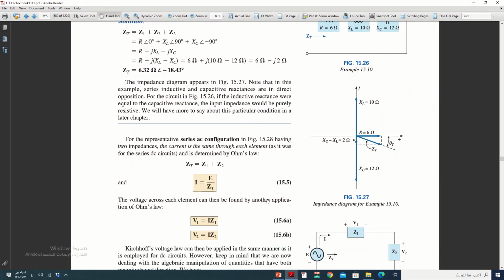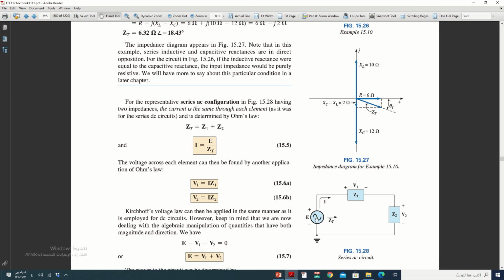Okay, now we need to apply voltage in the series configuration. We know that Z total equals Z1 plus Z2, and apply the same rules. I equals voltage divided by Z total, which is Ohm's law.